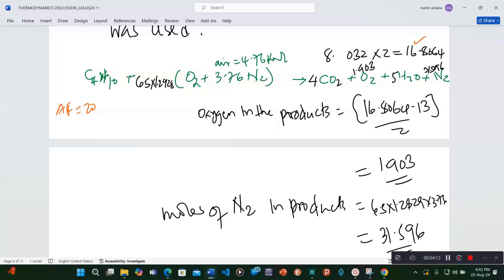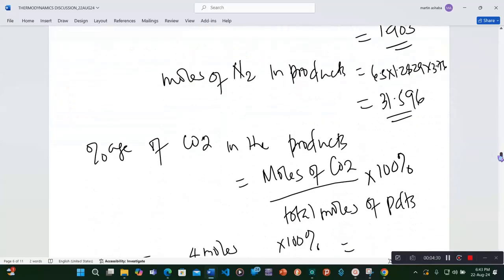What about the nitrogen? It will be 6.5 times 1.2928 times 3.76, and this will be 31.596. Okay, that is the number of moles of nitrogen in the products. So to get the percentage of carbon dioxide in the products, it is going to be the moles of carbon dioxide divided by the total moles of products.